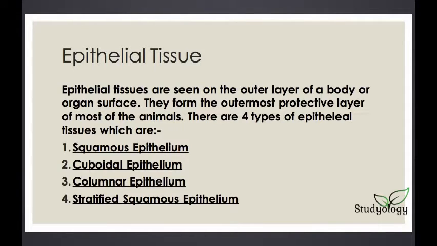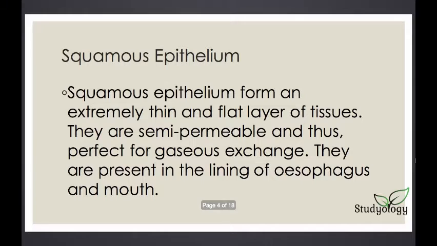So let's move on to the first type of epithelial tissue, which is the squamous epithelium. Squamous epithelium forms an extremely thin and flat layer of tissues. They are semi-permeable and thus perfect for gaseous exchange. They are present in the lining of the esophagus and mouth. So squamous epithelium is a type of tissue which is very thin and lays flat.